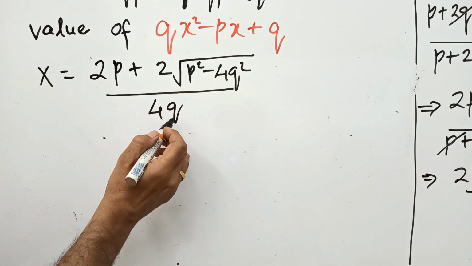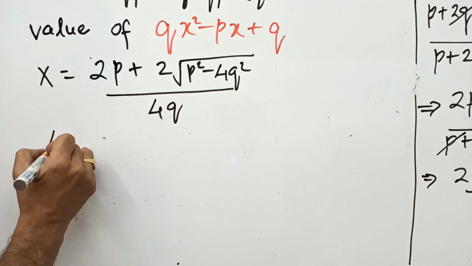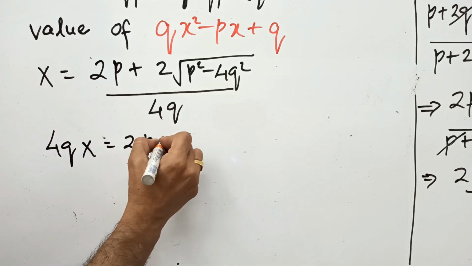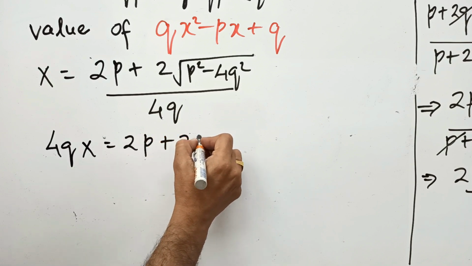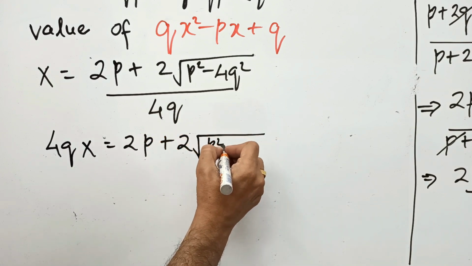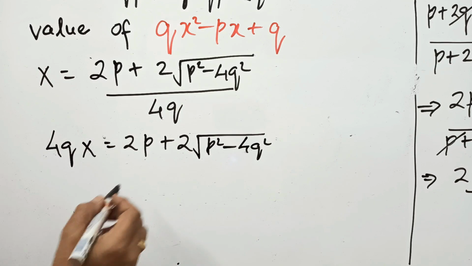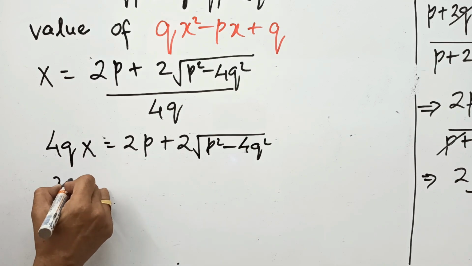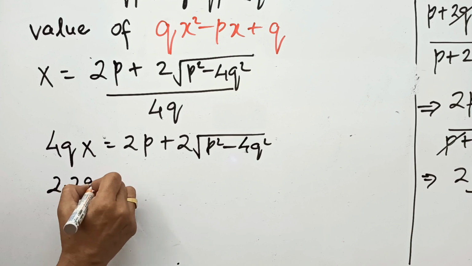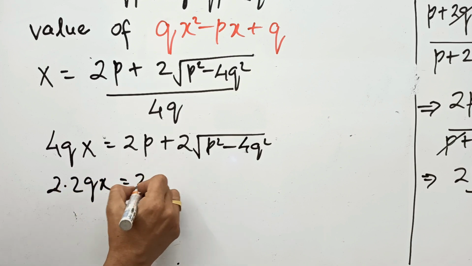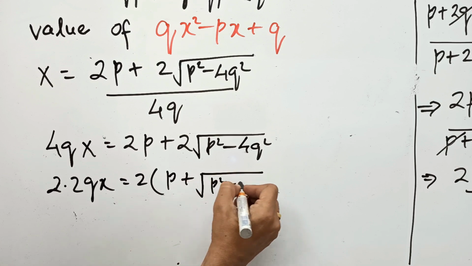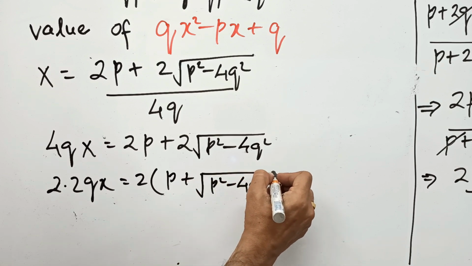Now focus on the calculation. We are getting, cross multiply, 4qx is equal to 2p plus 2 square root p square minus 4q square. We can take the 2 common and cancel. This we can write 2qx is equal to 2 common, p plus square root of p square minus 4q square.